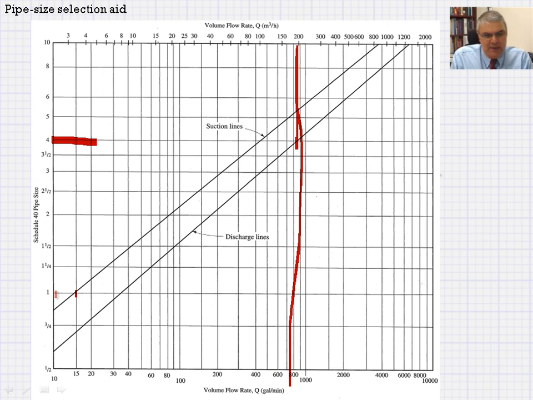How do I know that? I continue this line, then I bring this down, and it's going to hit the 15 mark right here. If I'm interested in calculating the recommended volume flow rate up here, I'm going to continue that line, and it's going to be somewhere between 3 and 4. Again, there are different charts used for different schedules.